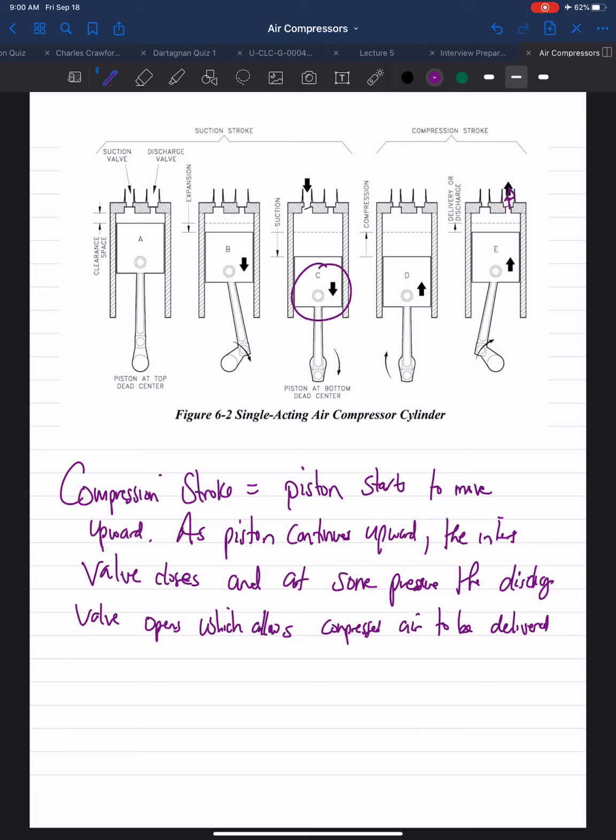So reciprocating: the piston moves in the same fashion over and over in cycles. Suction stroke, it moves down, more air enters. Compression stroke, the piston goes up, compressing the air, closing the inlet valve, forcing the outlet valve open.